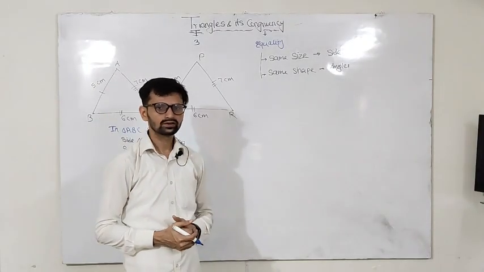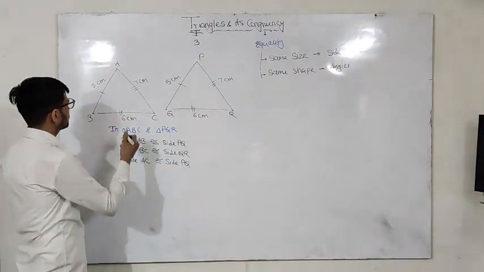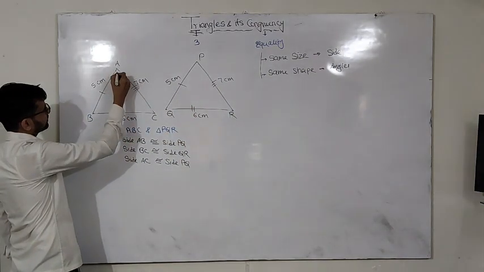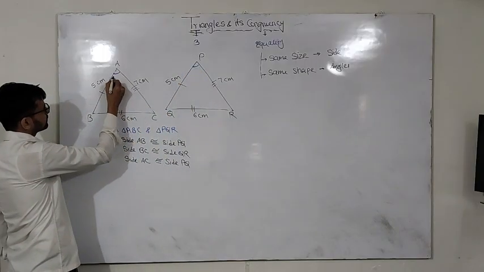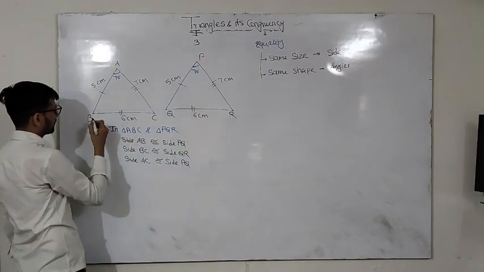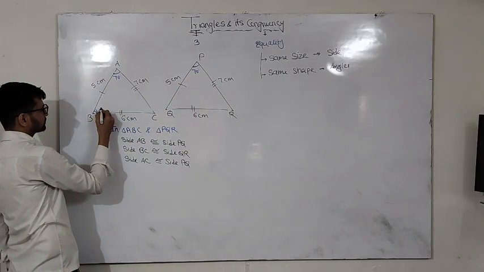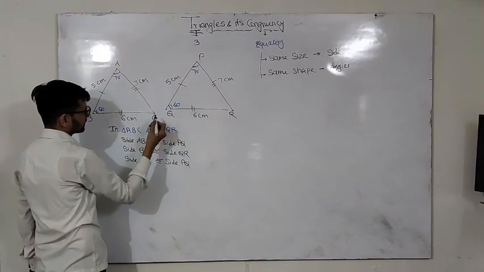Now have a look at the second part, which is angle. Suppose in triangle ABC, angle A is equal to angle P. Suppose angle A is 70 degree, then P will also be 70 degree, and angle B, suppose it's 60 degree, then angle Q will also be 60 degree.